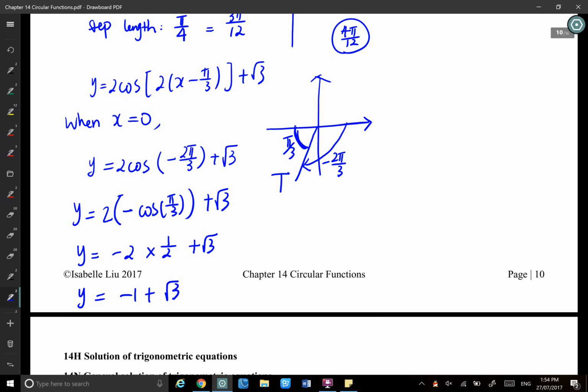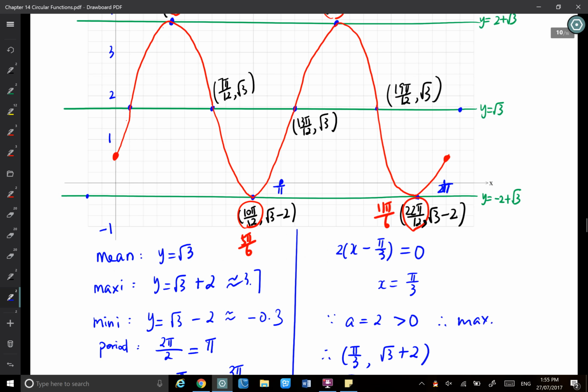Okay, everyone, just do not always go back to the notes and think about what's the value, because you never remember. The best way is to try to use a method to help you to find out the value. Either set up a table quickly or using the right angle triangle. Then you will remember after like about 10 times, you will remember the value. So the value is negative 1 plus root 3. I will just put that here. 0, minus 1 plus root 3.